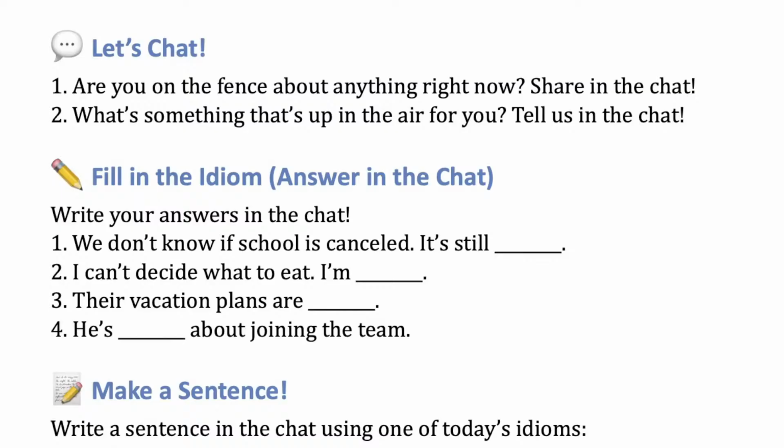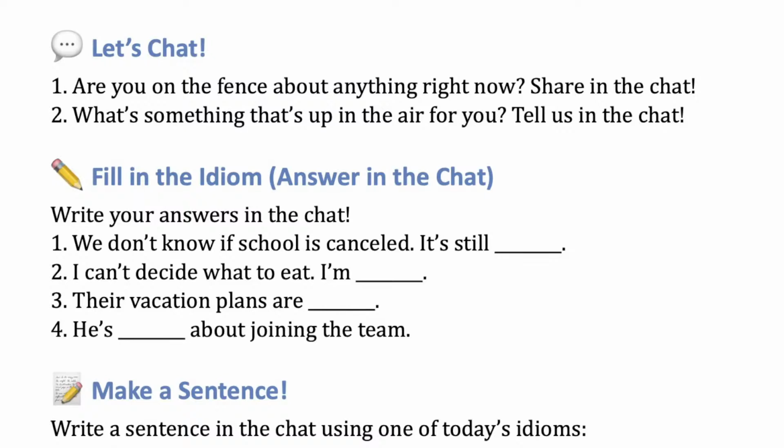So write the sentence, it's more practice for you. Okay, good. So Katie says, number 2, I can't decide what to eat. I'm on the fence, right? Personal choice. On the fence, personal choice.